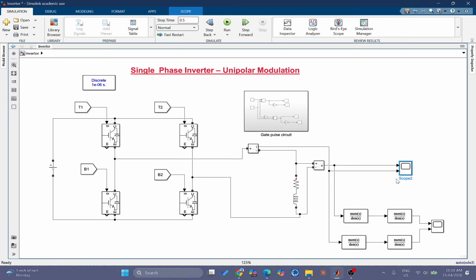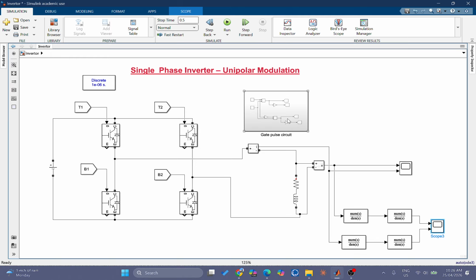And scope 2 is showing me the raw, unfiltered, rough AC waveform. At the bottom, we are making the pure sine wave by using the low pass filters, and scope 3 is going to show the smooth sine waveform.